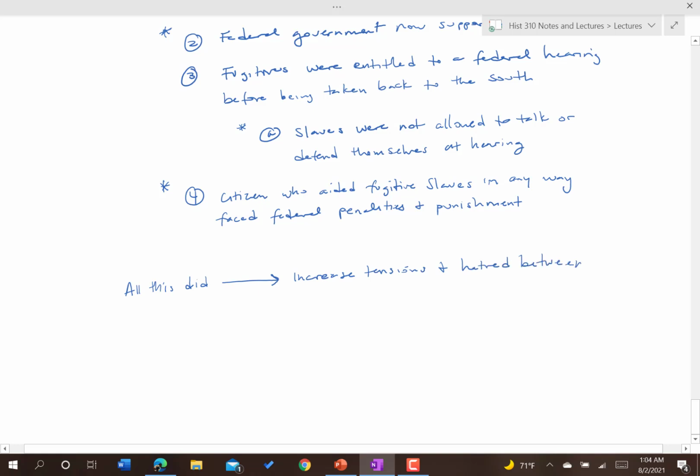So it did the exact opposite of what the creators of it wanted to do, which is, I suppose, kind of like everything else that's going on. No matter what you tried, it tended to have the opposite effect.